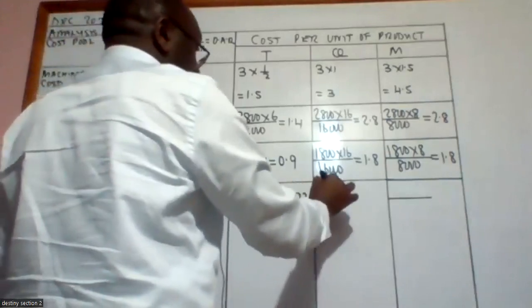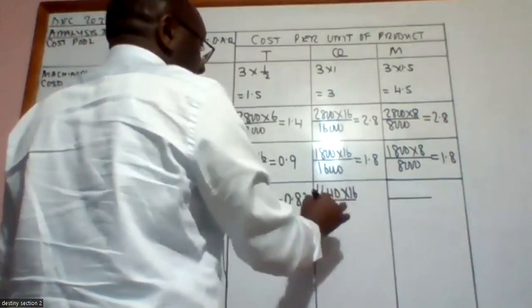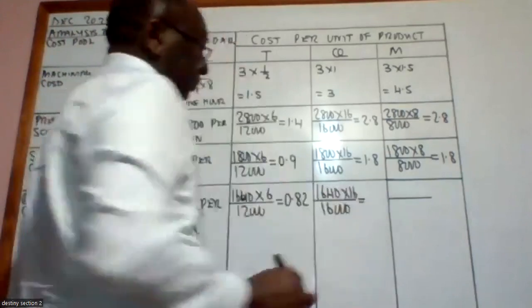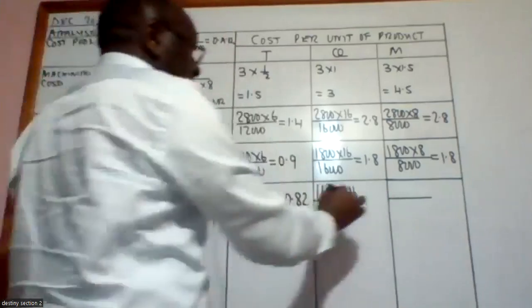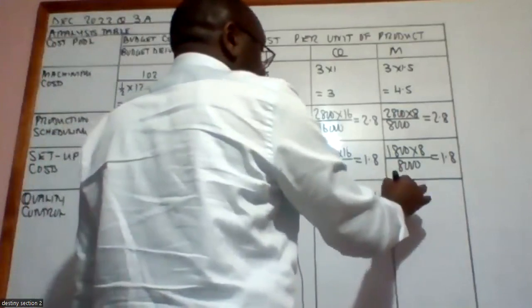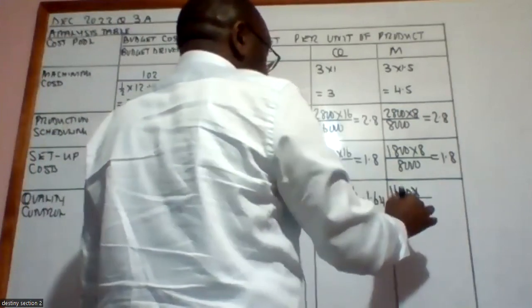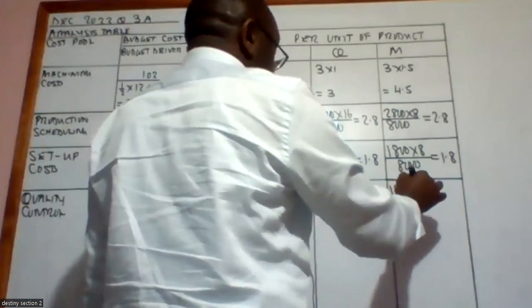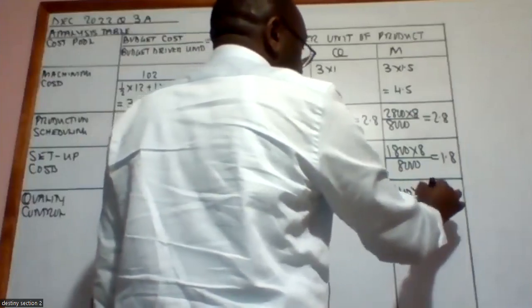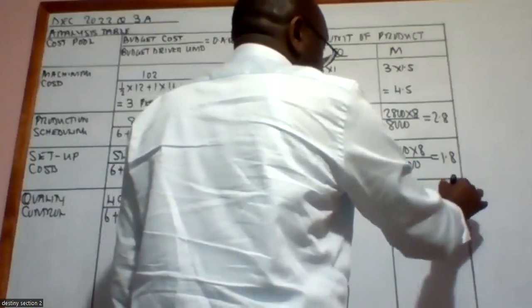Then 1,640 times 16, you divide by 16,000. This one should be 1.64. Then 1,640 times 8, that is also 1.64.